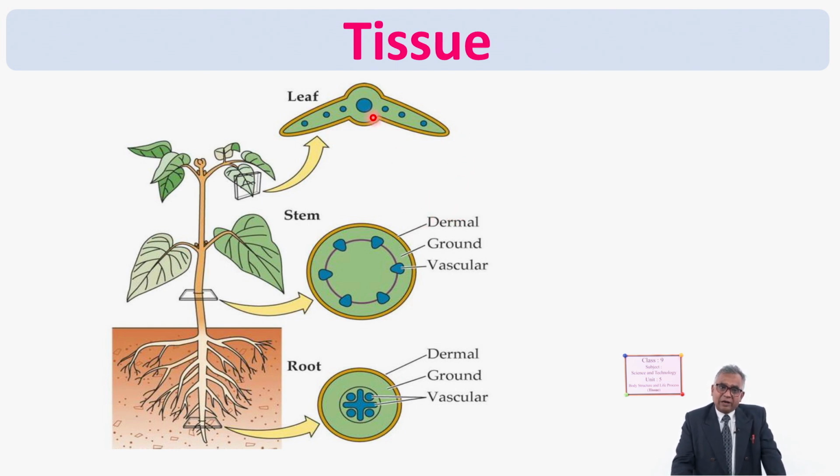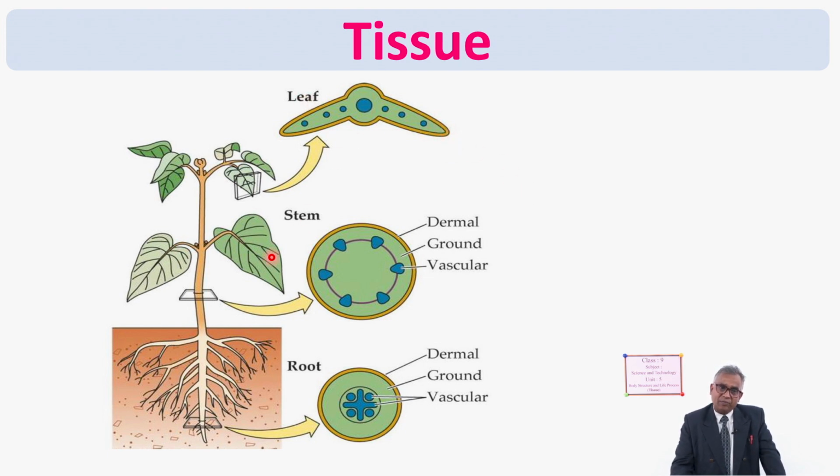Yes, and the other tissues except them are called ground tissues. So look, everywhere there are dermal, then conducting tissues and ground tissue. The green one is ground tissue, the blue one, that is what? Blue one, vascular tissue, and the yellow one is dermal tissue.